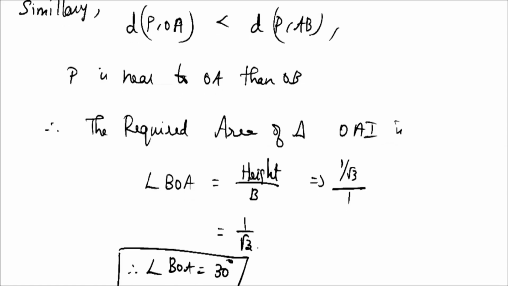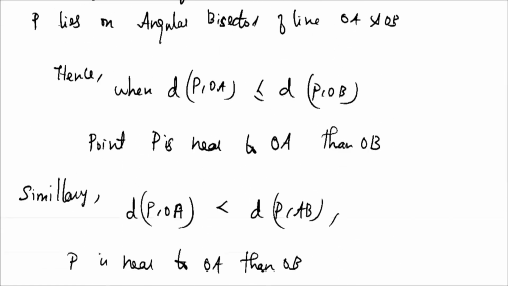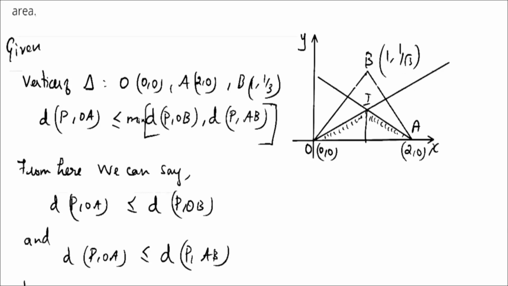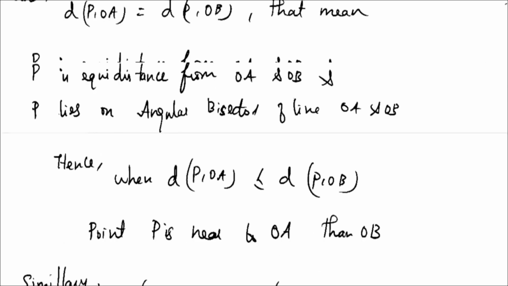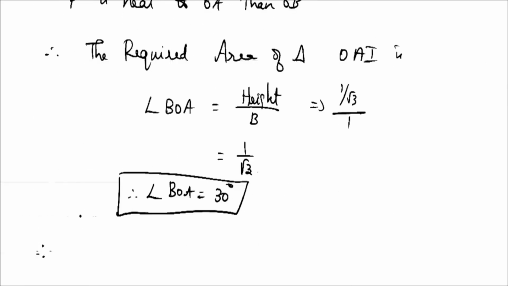Next, we have found the angle BOA is 30 degrees, so I am going to find the angle IOA, which equals 15 degrees. Why?